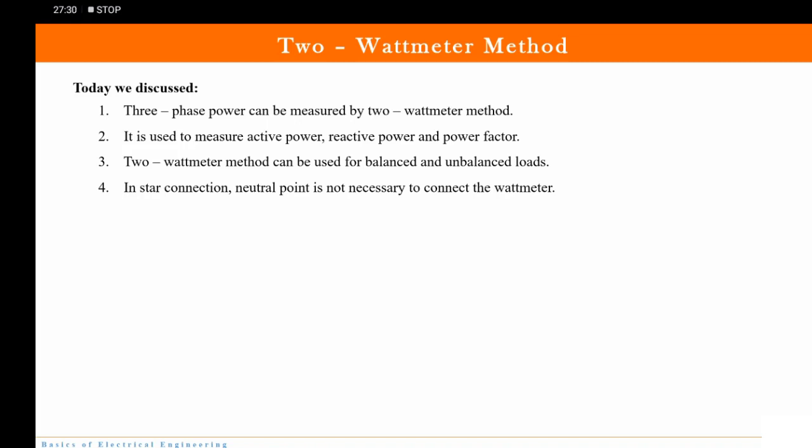And when you have a star connection, the neutral point is not required here. Your wattmeter will work even if you don't connect the neutral point. Only 3 points are sufficient.